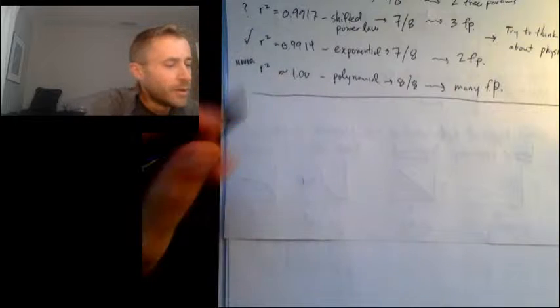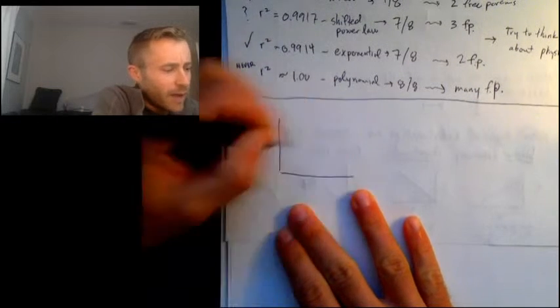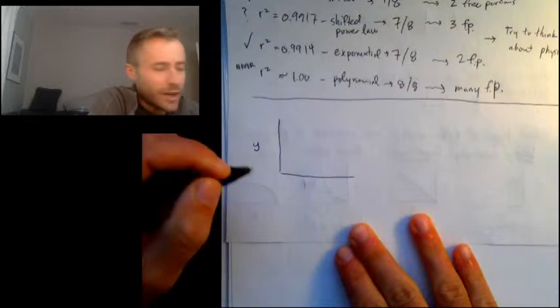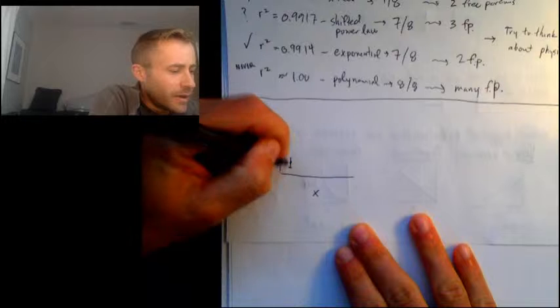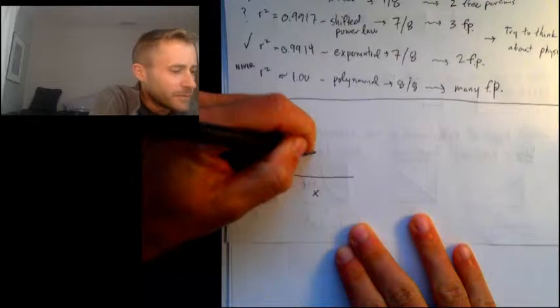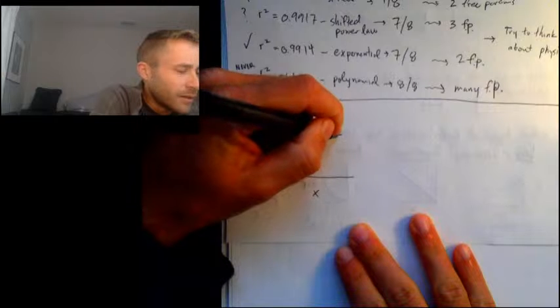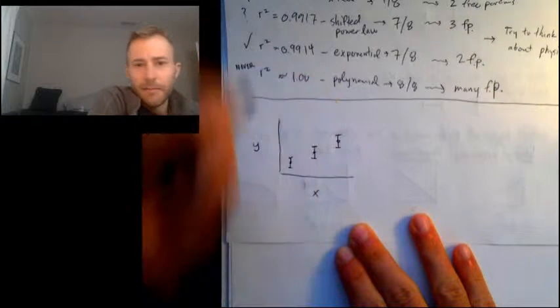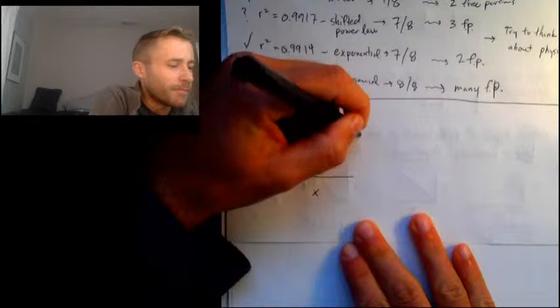So what if I have a graph, for example, y versus x? And here's some points. Maybe I'll do 4 of them.